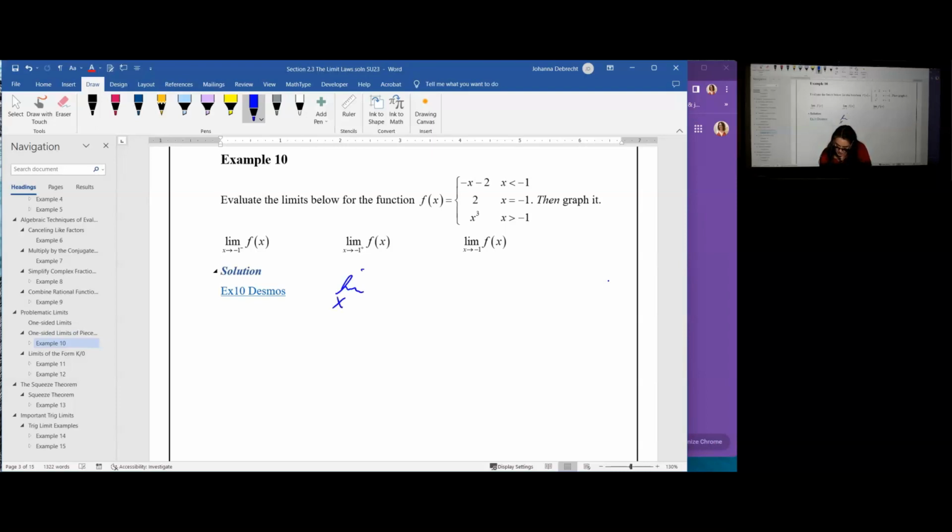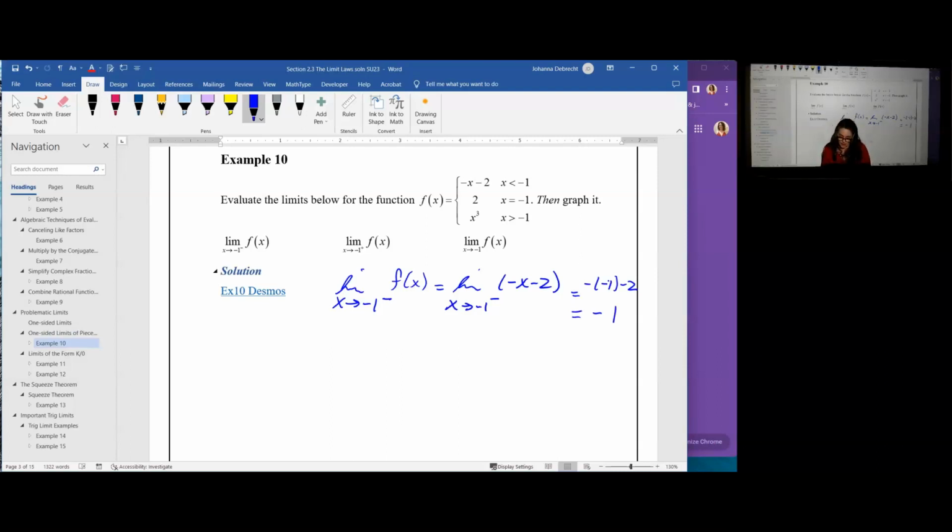So we would have the limit as x approaches -1 from the left of f of x would actually become the limit as x approaches -1 from the left of -x minus 2. Then we can use our substitution rule, and we come up with -(-1) minus 2, which gives us a value of -1 from the left.